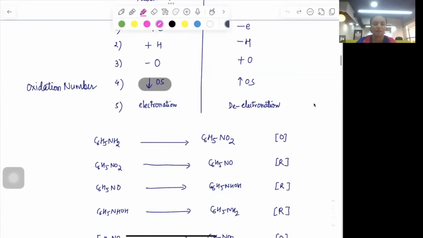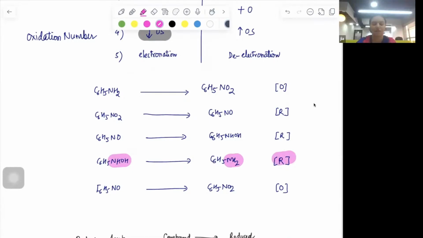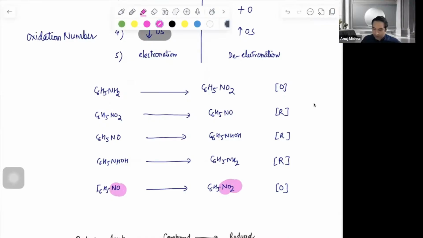And this one, NHOH is becoming NH2, that is loss of oxygen. Loss of oxygen is called reduction. And the last one is NO is becoming NO2, that's gain of oxygen, called oxidation.